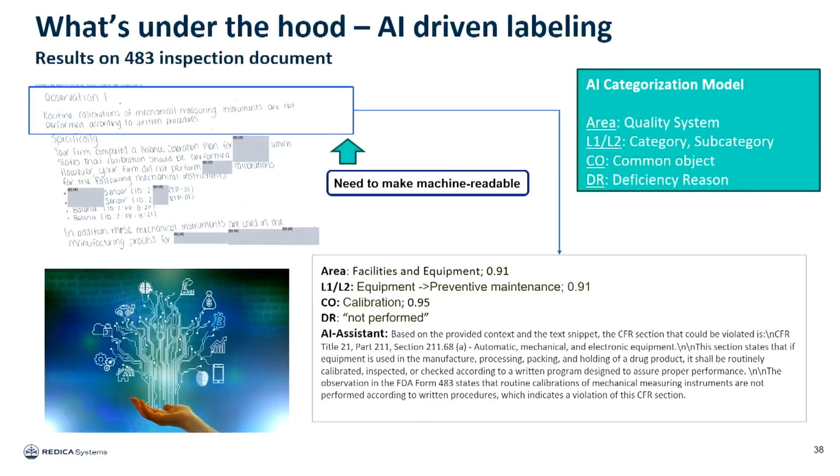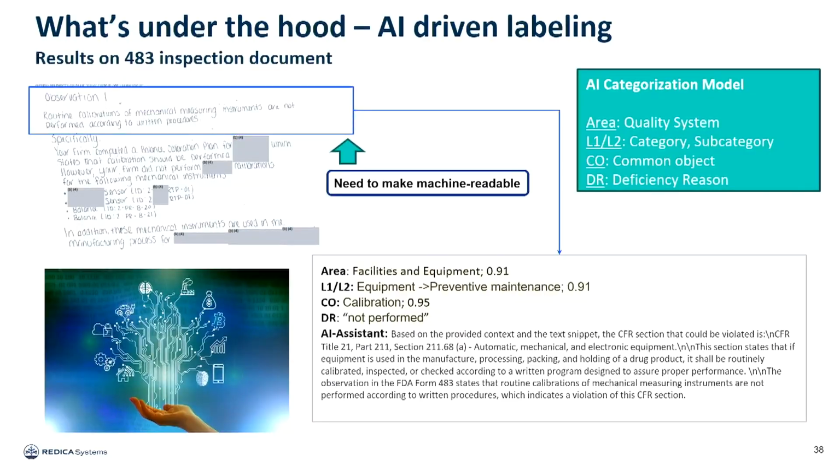We're 91% confident this maps into the subcategory of equipment, subcategory of preventive maintenance. The common object here is calibration, because calibration can happen in manufacturing, it can be in the labs, it can be in your scales and your materials weighing area, whatever, right? Calibration can be a lot of places. That's the common object, and the issue is that it was not performed.